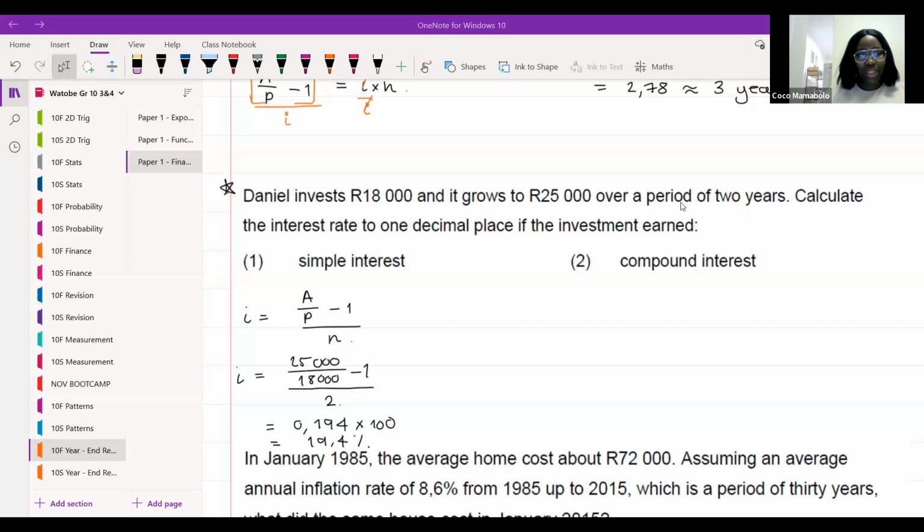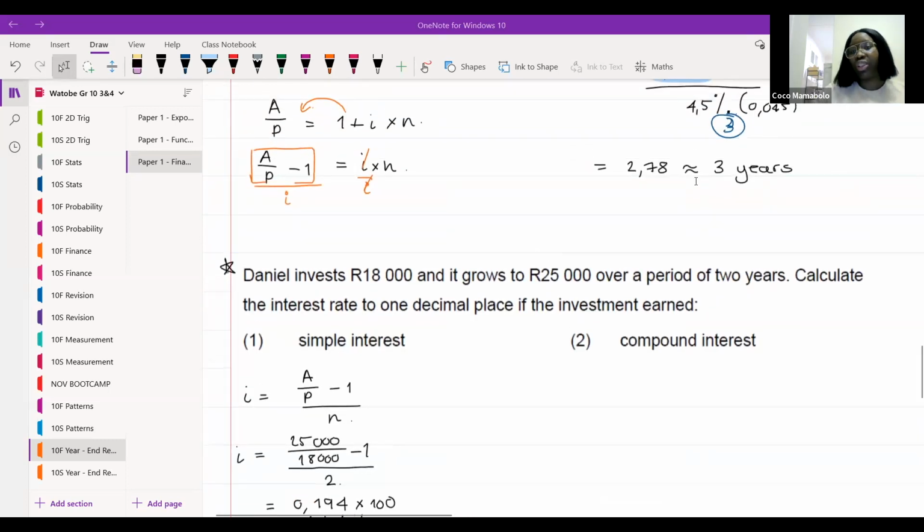Even when I do it, what was the interest rate for the 45,000? That's what you were trying to find. Oh, for the 45,000, 4.5%. Yeah, I think everybody rounded off, but you can't, guys. Remember, if I've got 0,19444, this 4 is too small a number to change this 4 into a 5.